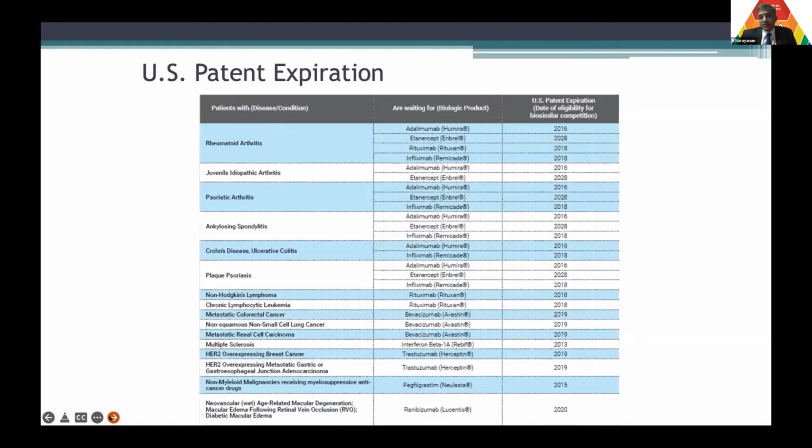There are numerous drugs which are protected by patents. This is just a laundry list of different drugs, just to show so many drugs which are going to lose their patent because of the simple fact of time duration. These are all biologics.